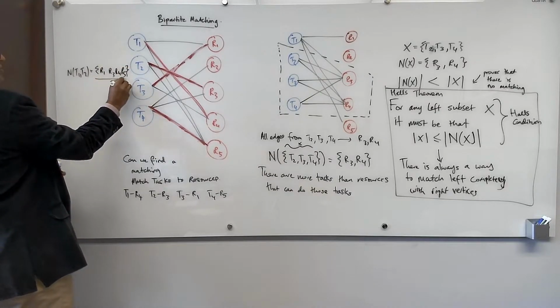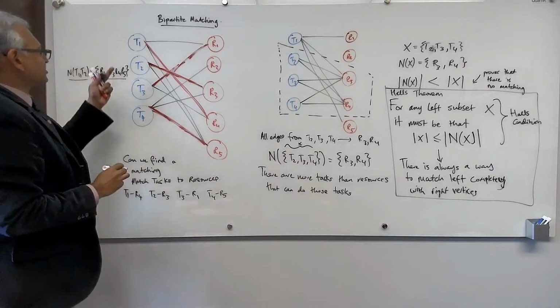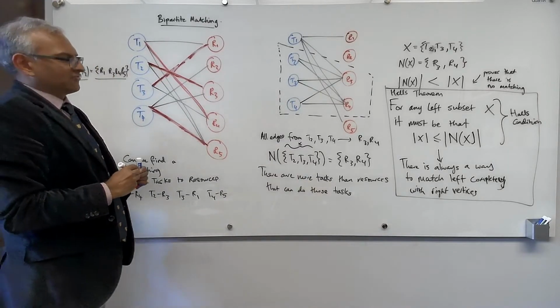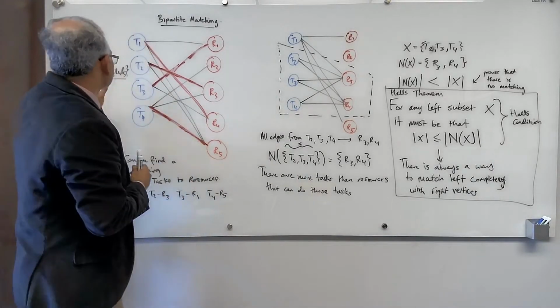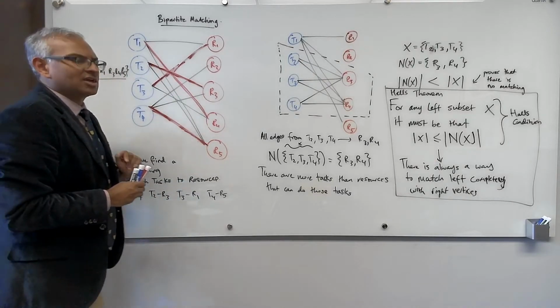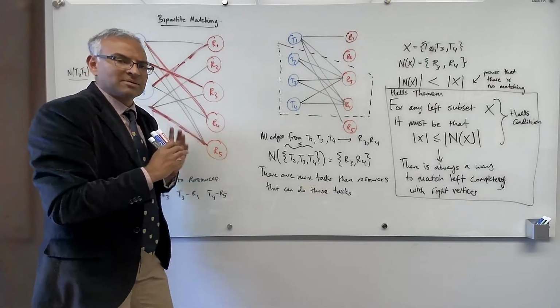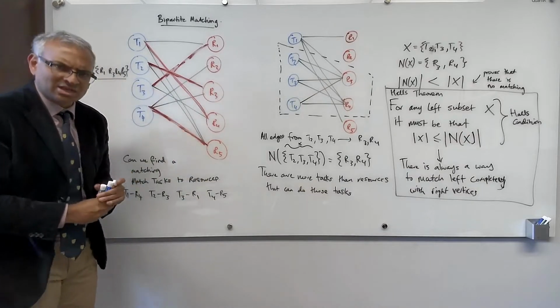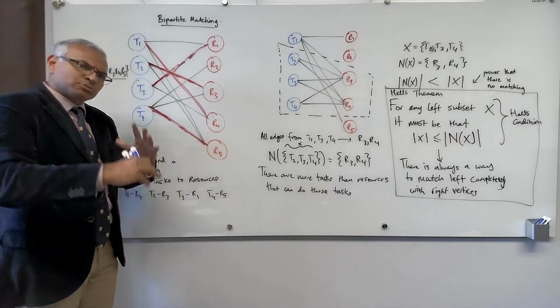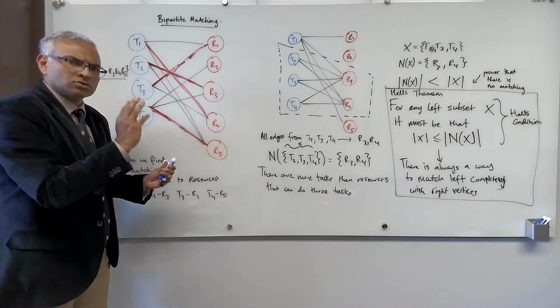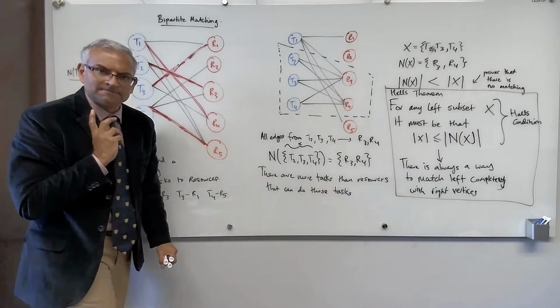And you see that the size of the neighborhood is at least as large as the size of the original left set. And what Hall's theorem says is that if that's true for any subset on the left, then you have to be able to find a matching. And it can be proved. It's something you can take to the bank. It's proved in the text by strong induction, so we won't go through the proof. If you're interested, look in the book.